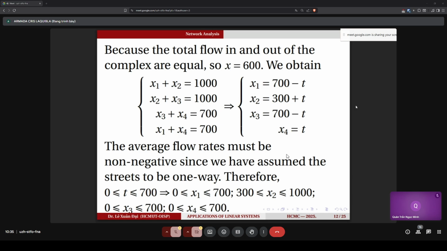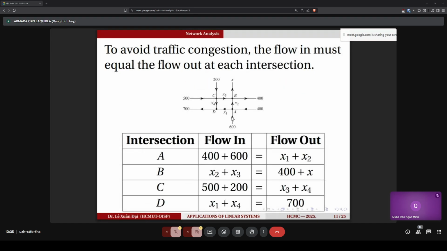Okay. Now, for your t values, since your t is the x4, okay, look at your x4 here, class. Your x4 is here. And then we have there 500 and 200 flowing in.